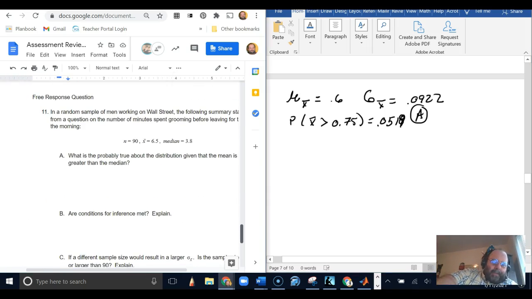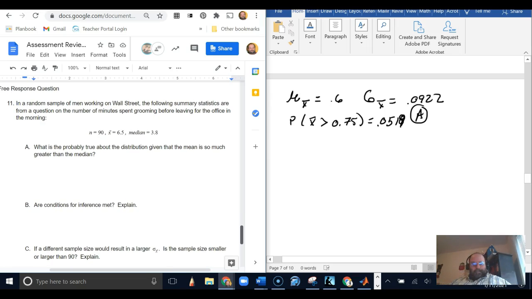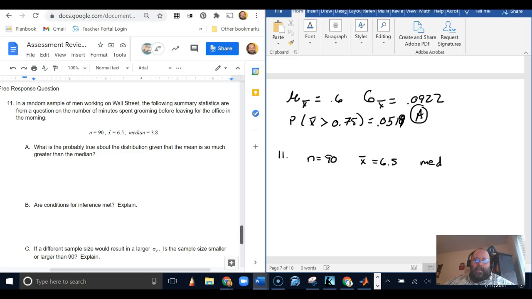The free response here are somewhat theoretical questions. Part A, so you've got 3 parameters here. Well, one is actually 2 statistics and a parameter. Your sample size is 90. The mean of your sample is 6.5. The median of the sample is 3.8. So I guess they're all statistics. Okay.